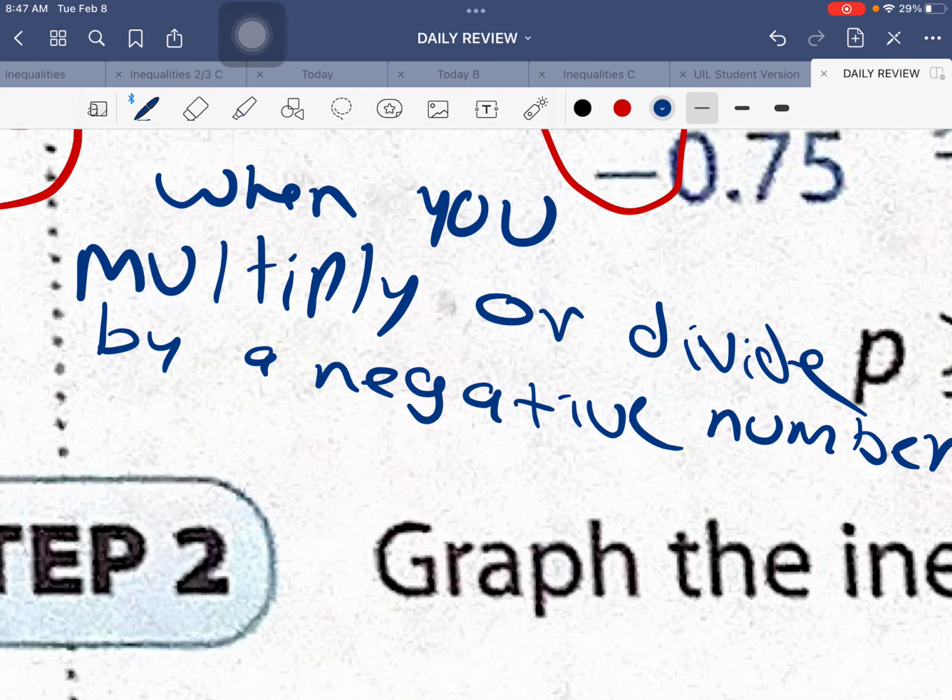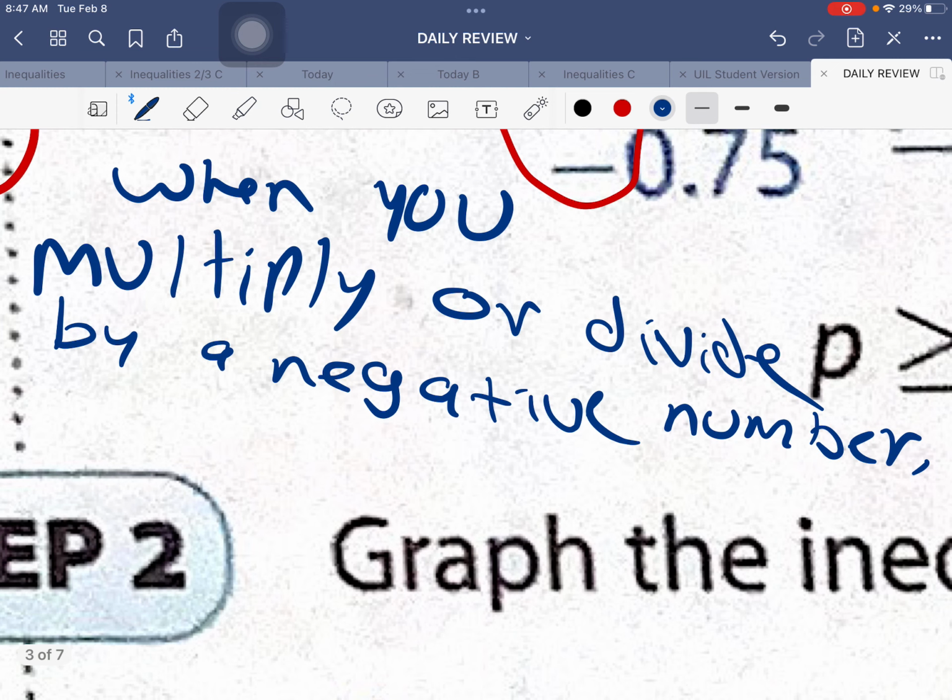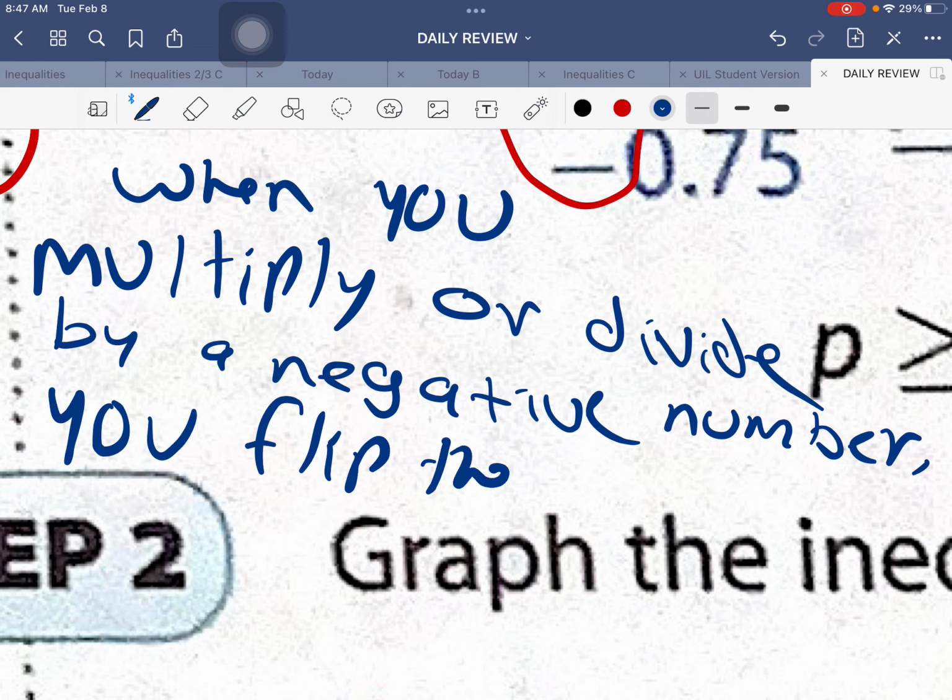You flip the symbol. When you multiply or divide by a negative number, all you gotta do is flip the sign, flip the inequality symbol.